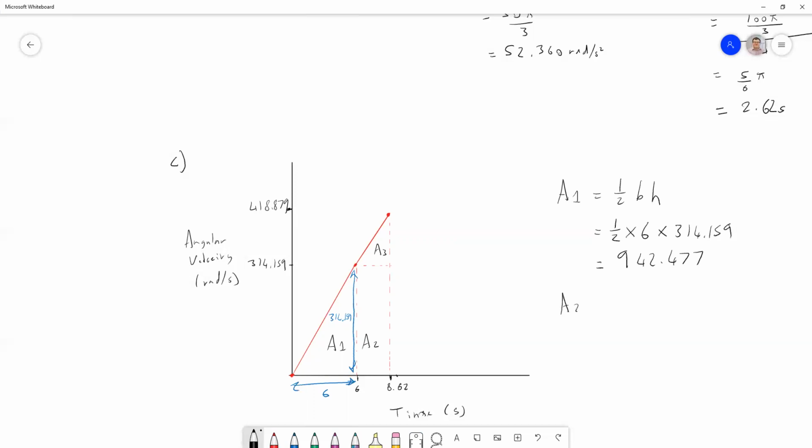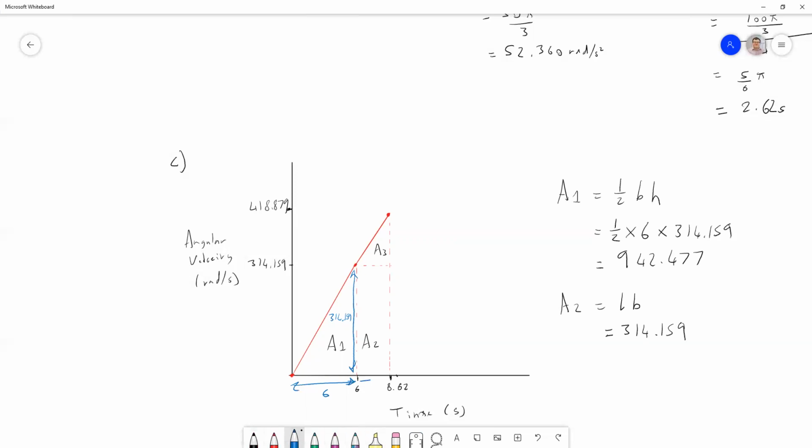Area 2 is a rectangle, and the area of a rectangle is its length times its breadth. So traditionally, the length of a rectangle is the longer side, and we know that already. The longer side of that rectangle, area 2, is marked there already, 314.159. That's great. But then we need to multiply this by the breadth.